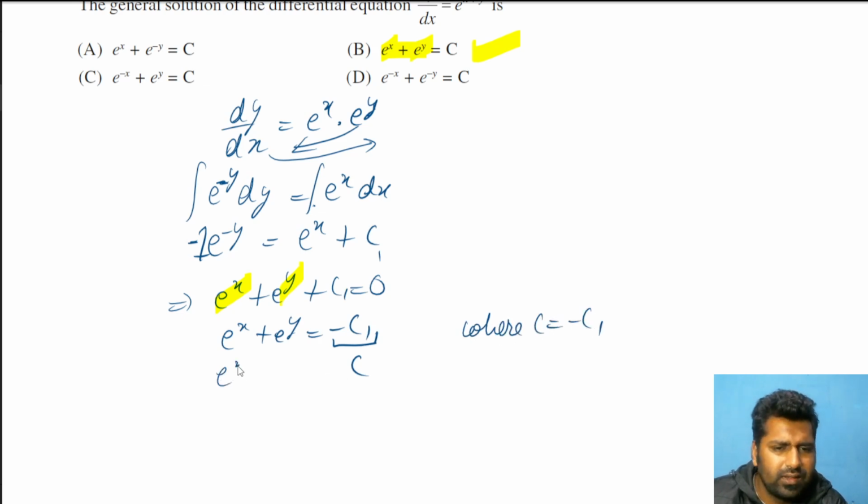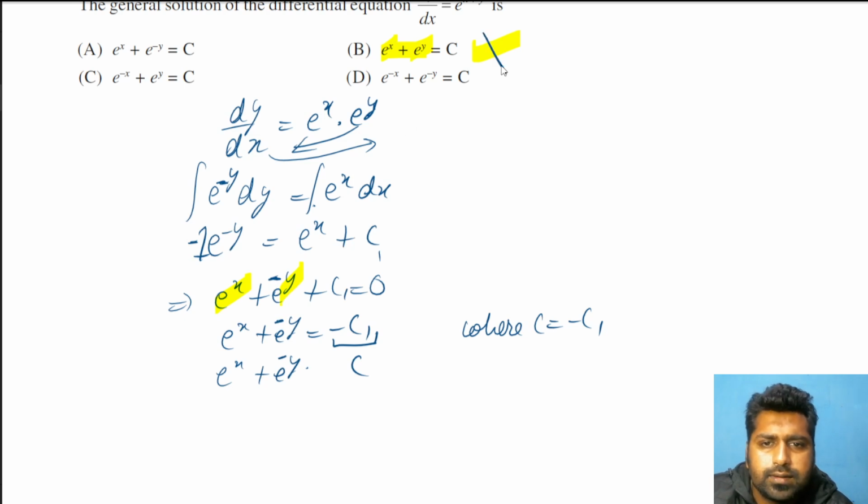Again, don't focus on constants, focus on the expressions, because the rest of the options have negative power of e raised to power x, negative power of e raised to power y, so they are being rejected. Sorry, this was e raised to power minus y. If we take it on the other side, powers will still remain negative. Only this negative one will become positive.